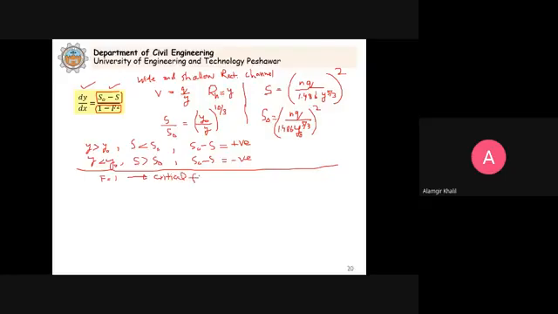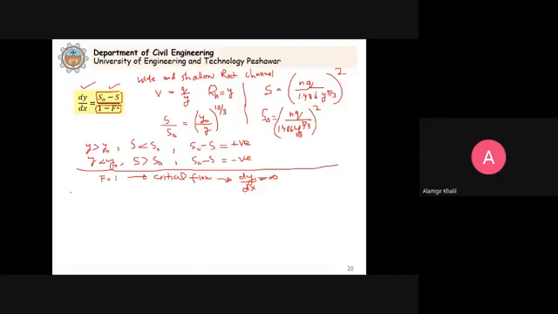If F is equal to 1, 1 minus 1 is 0, so we get the condition that dy by dx will be infinity. It means the slope will be vertical.